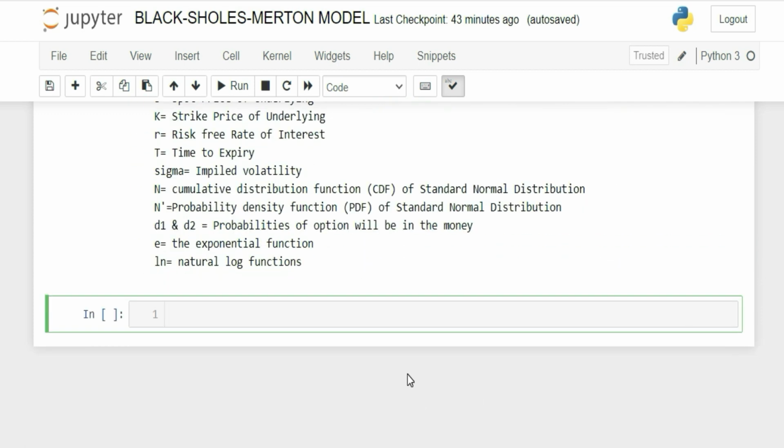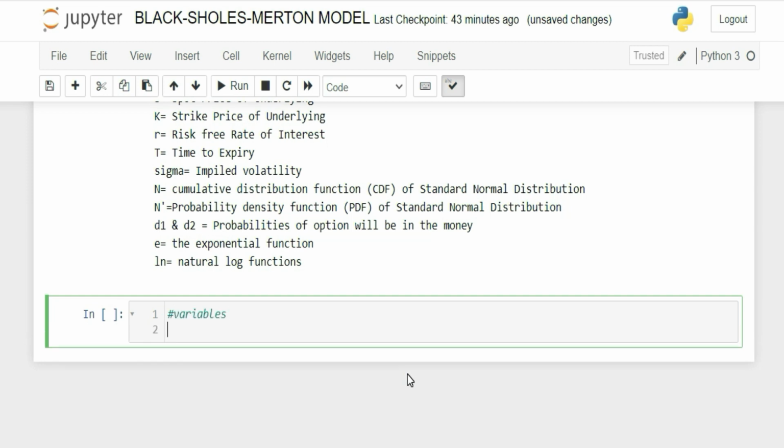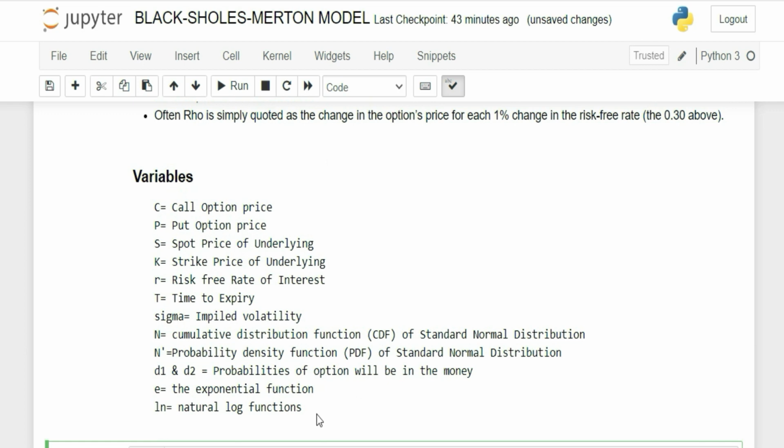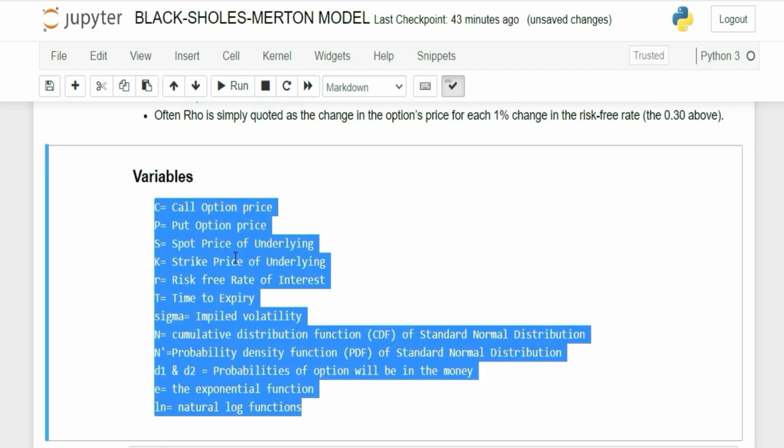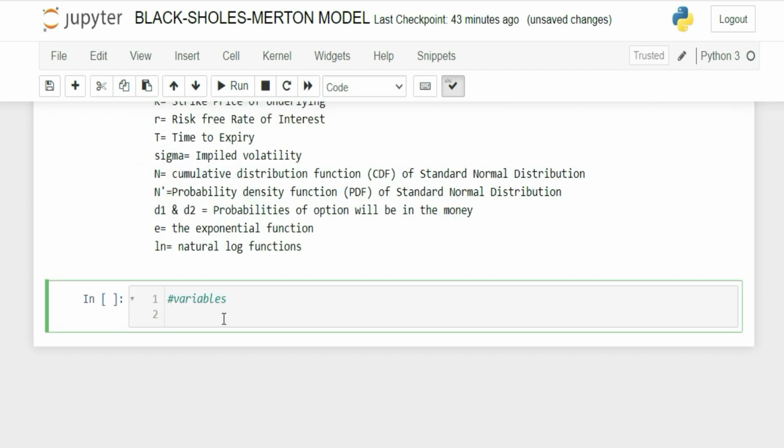All right. So first, let's write down all the variables. Let me put it as a small heading. So what are the variables we can write down here? Just simply copy it and paste it here.